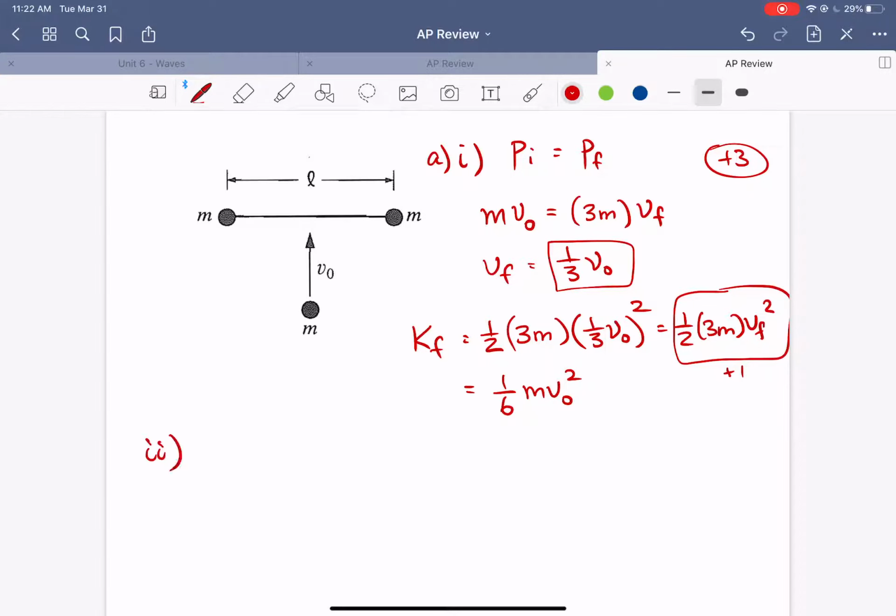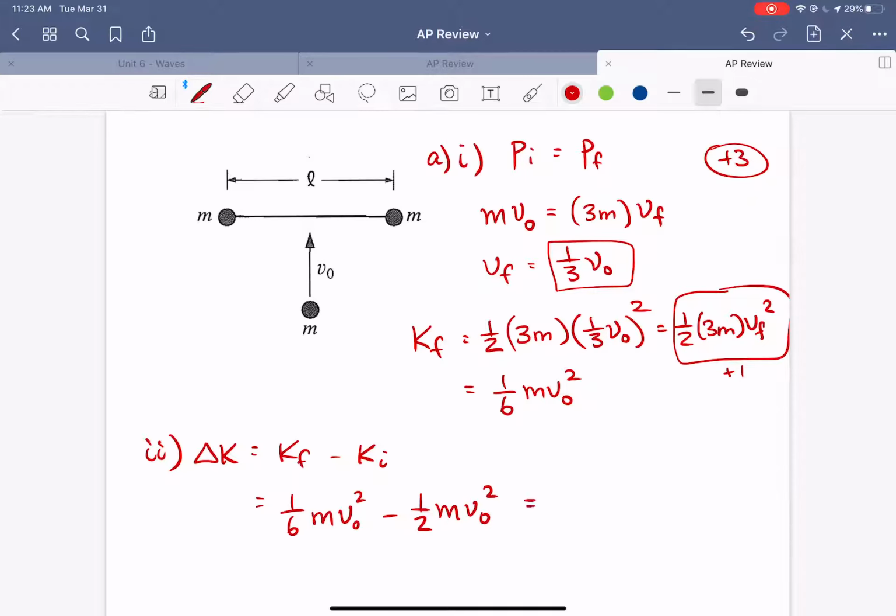Okay, question 2, find the change in kinetic energy. So we have the final kinetic energy. The change is just going to be that minus the initial kinetic energy. So 1/6 m v0 squared minus the initial kinetic energy, which is just the kinetic energy of the incoming particle. So that's 1/2 m v0 squared.